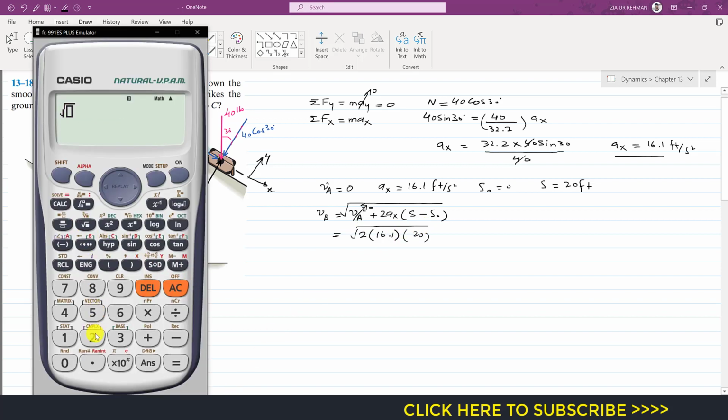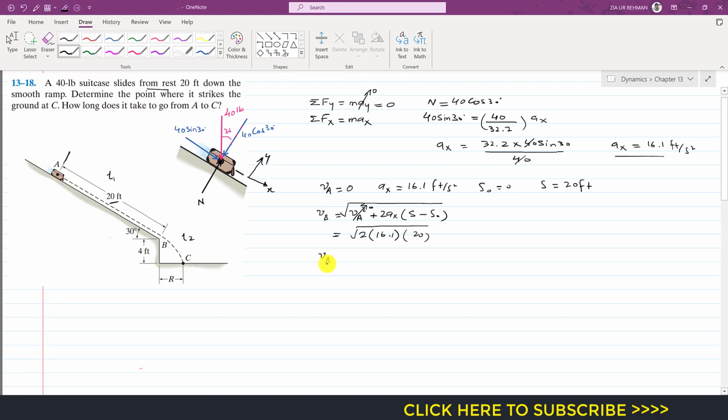So this is 2 into 16.1 into 20. This gives me the velocity at point B, which is 25.38 feet per second.